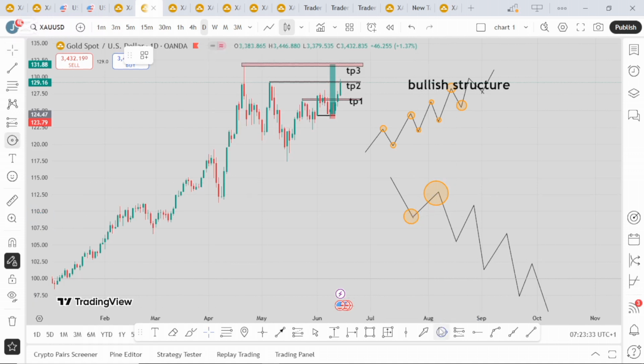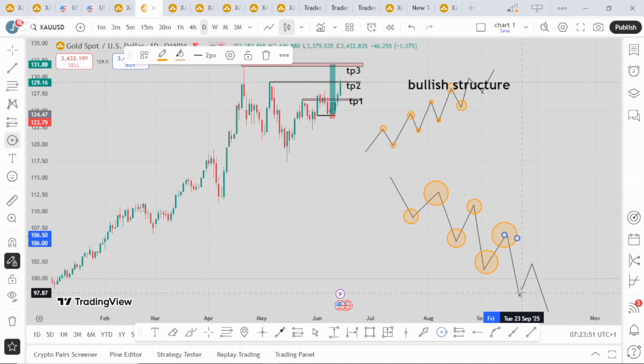Now the next thing that we saw is that this low became lower than this low, and this high is lower than this high. Now we saw another low that is lower than this low, and another high that is lower than this high. Then we saw another low that is lower than this low, and another high that is lower than this high.